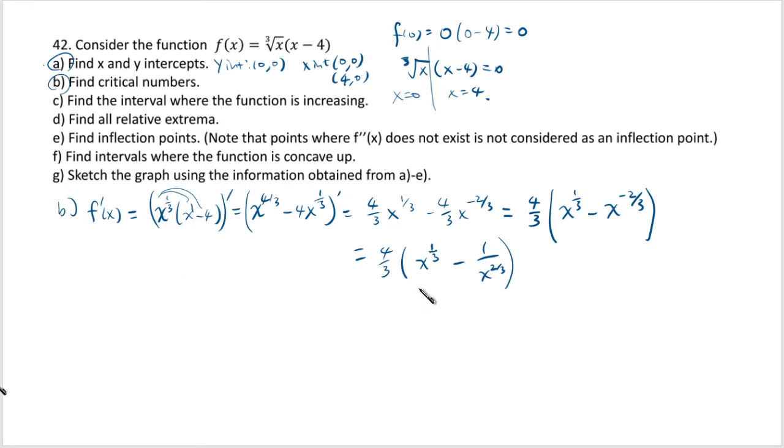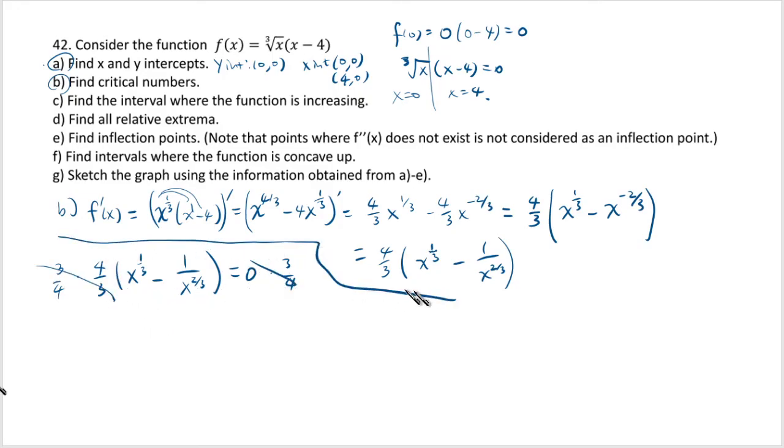But to see when this is equal to 0, we have to set that equal to 0. So let's see, 4/3 of x to the 1/3 minus x to the negative 2/3 equal to 0. We can just simply multiply 3/4 both sides to get rid of that. Then we have x to the 1/3.